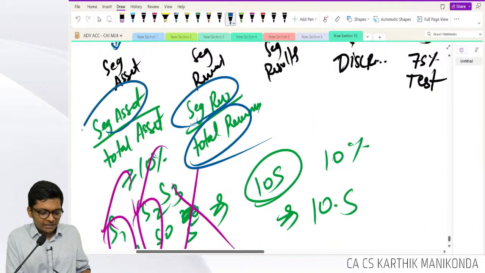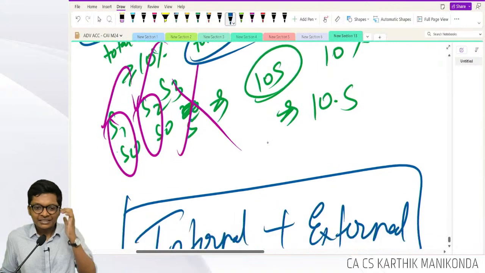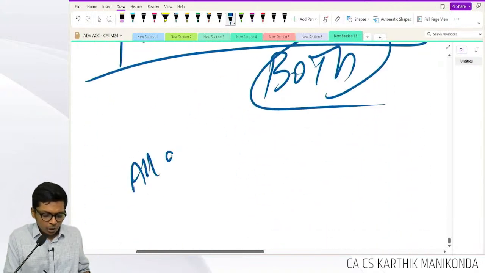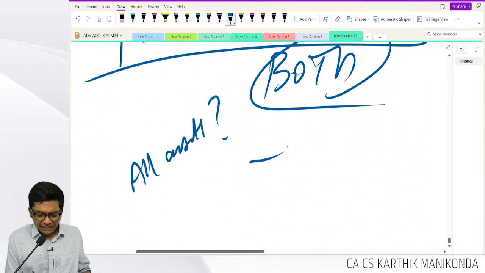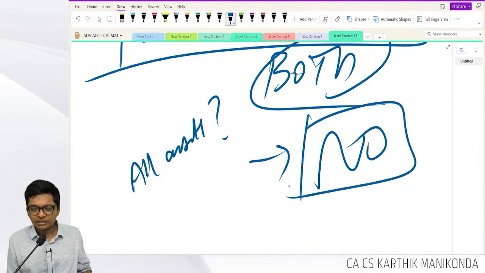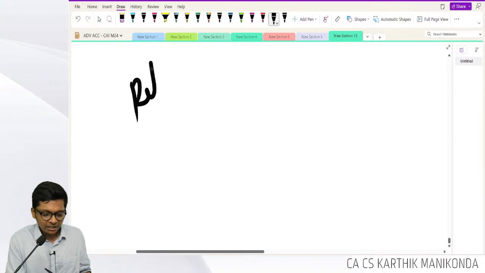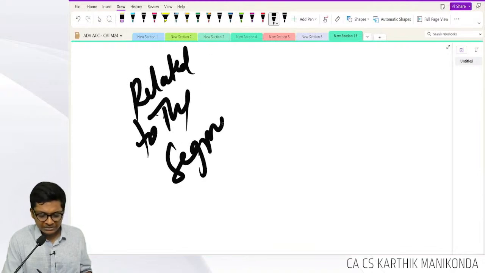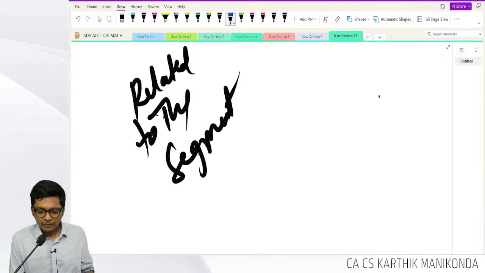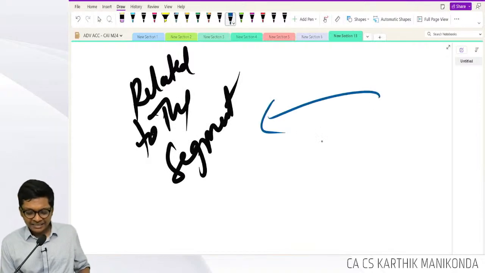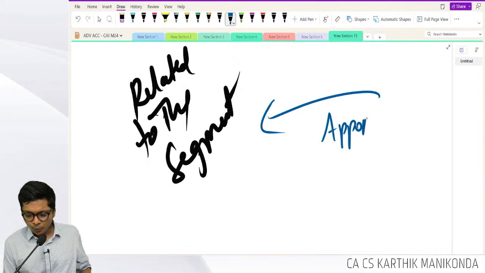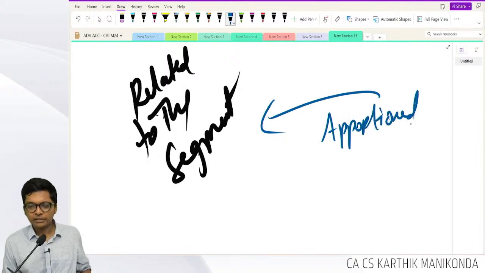Sir, what about segment assets? Total assets. Will I consider all assets? Answer is a big no, guys. You only consider those assets which are related to the segment, or even if it's not related, it can be apportioned to the segment.